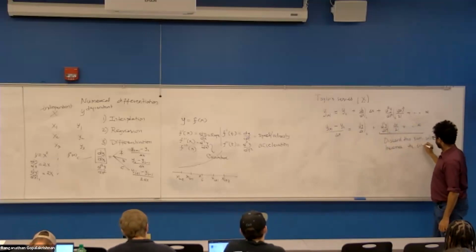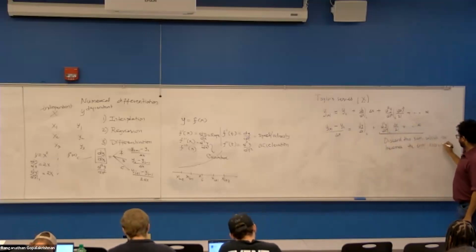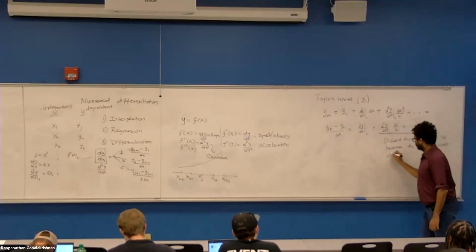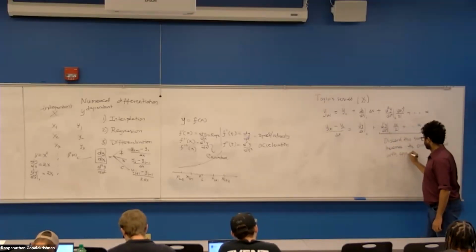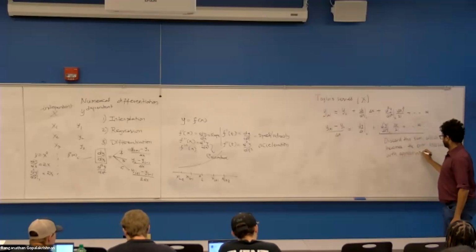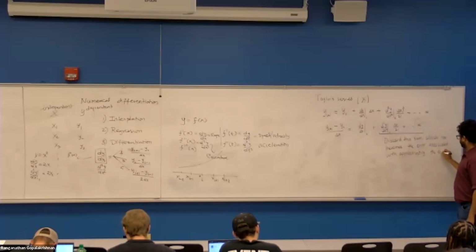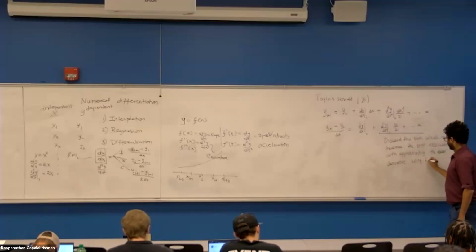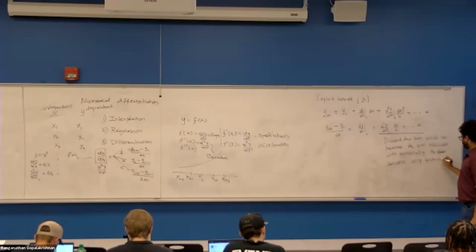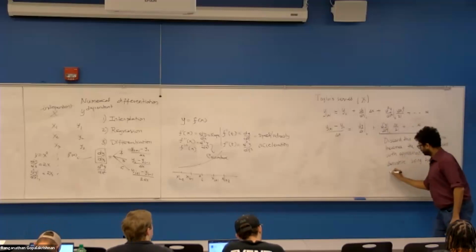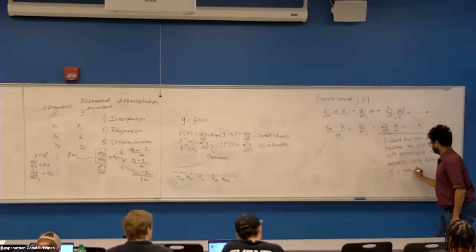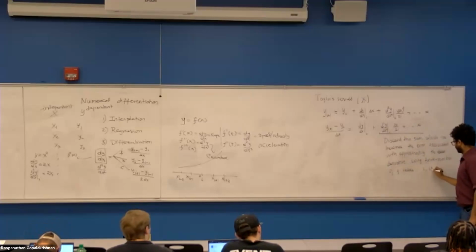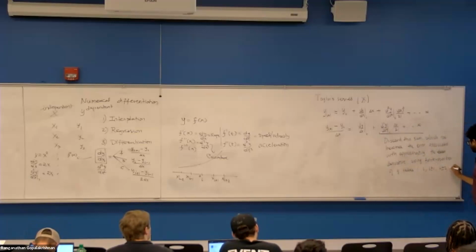the error associated with approximating the derivative using a finite number of y values, which could involve i plus or minus 1, i plus or minus 2, and so on.